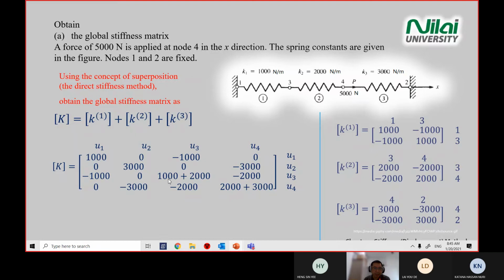You just combine 1,000 to 3,000. This one 2,000 to 5,000. Then you get a complete global stiffness matrix. I expanded this one just to show you that there's an overlapping of number. So in the exam, when it comes to the answer, I ask for section 1, I ask you for the global stiffness matrix. There's one more line of answer where you repeat this one, but you sum up the number.